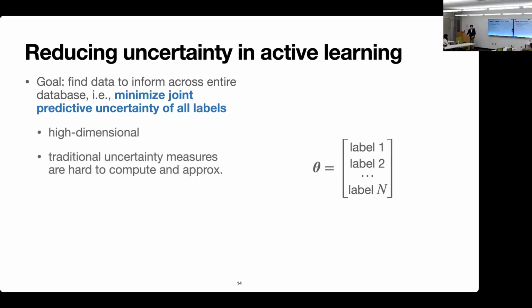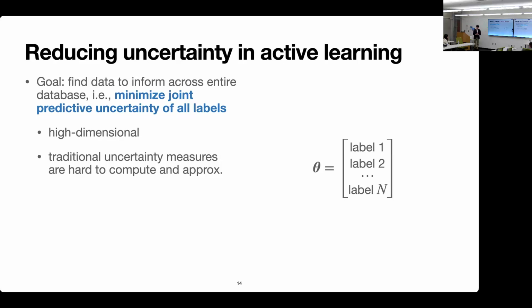Now, a couple of problems that you might run into. Theta here is very, very high dimensional. So the size of it is just the number of images that you have in your database, which can be in the millions or even billions. And if you want to minimize your uncertainty about theta, then you have to have a way to quantify that uncertainty in the distribution of theta.